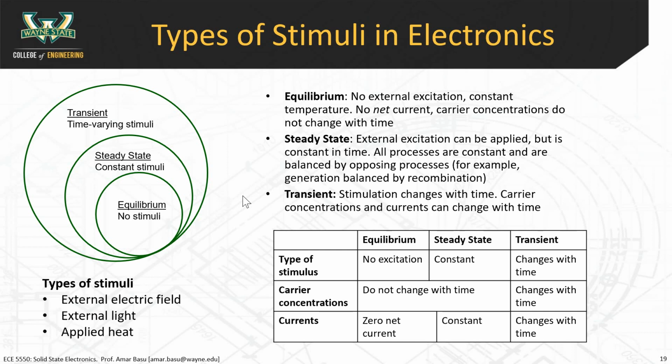So there are various types of light stimuli that we can apply. The simplest example is where we apply no stimulus at all, just an equilibrium semiconductor. That's what we did in the previous module. We calculated electron and hole concentrations in the equilibrium material.